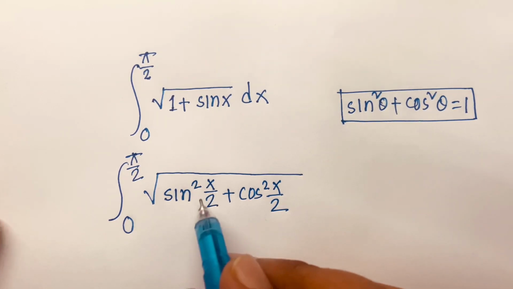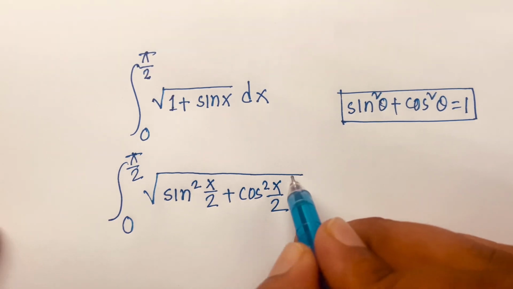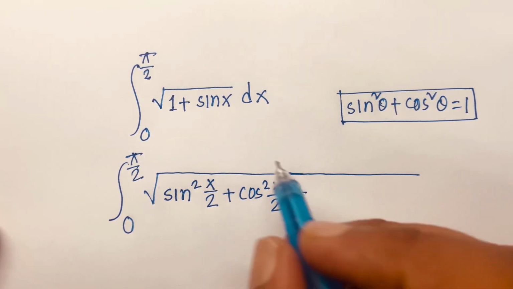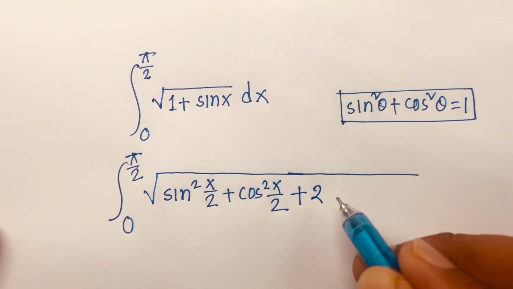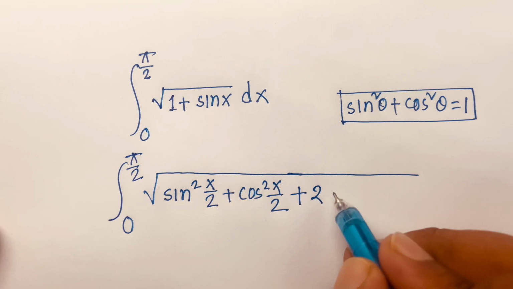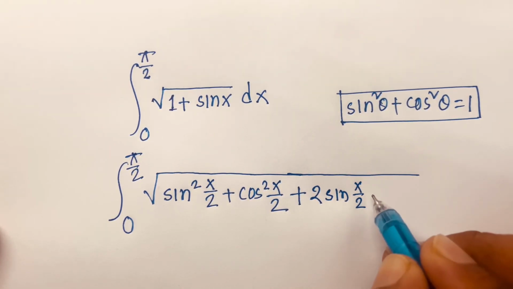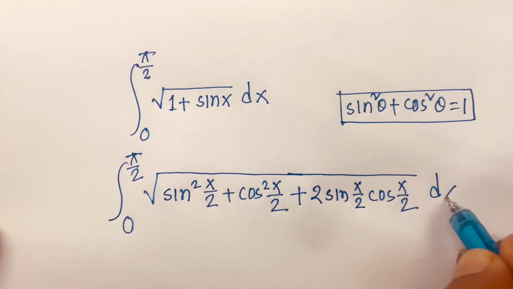Then we know the rule sin x is 2 sin x cos x, but here it is x by 2, so I can say sin x will be 2 sin x by 2 cos x by 2 dx.